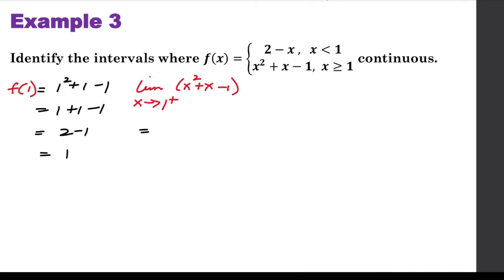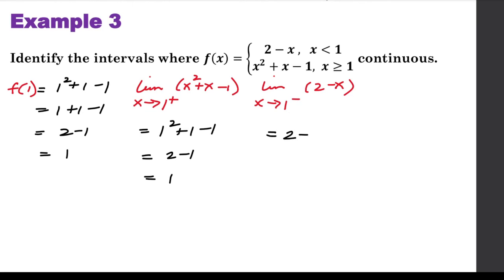So by direct substitution, we have 1 squared plus 1 minus 1, and therefore this will be 2 minus 1, and we have 1. For the left-hand side limit, we're now going to use the function 2 minus x. So we have 2 minus 1, and therefore we have 1.